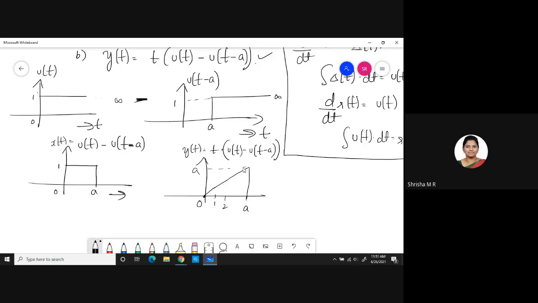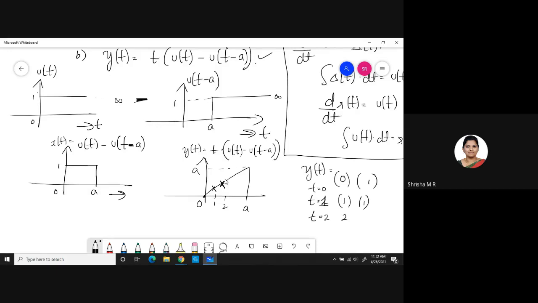Followed? See this signal, we are multiplying with t. This signal is 1 from 0 up to a. U of t minus a is 1, right? So your y of t at t is equal to 0 is 0 into u of t minus a, amplitude 1. At t is equal to 1, it is 1 into 1. So at instant 1, it will be 1 here. At t is equal to 2, the amplitude would be 2.